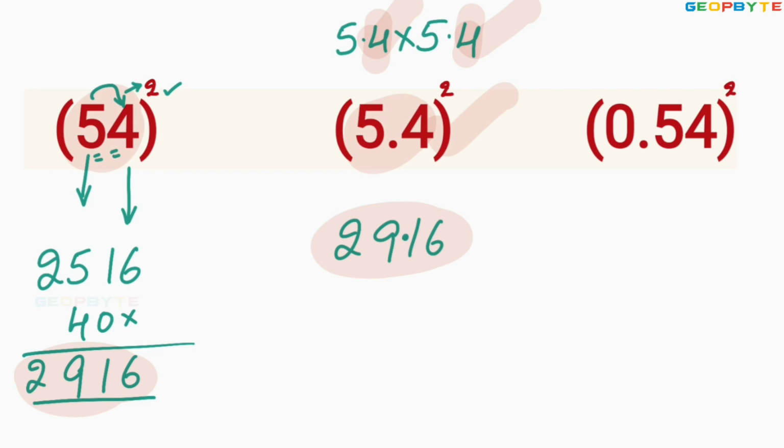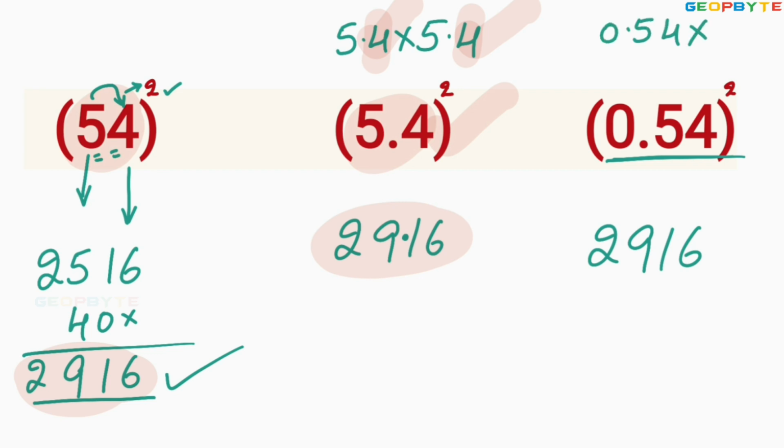Similarly, for 0.54 whole square also, first write the value of 54 square, that is 2916. But what is 0.54 whole square? 0.54 into 0.54, isn't it? Then count the number of digits after the decimal point: 1, 2, 3, 4.